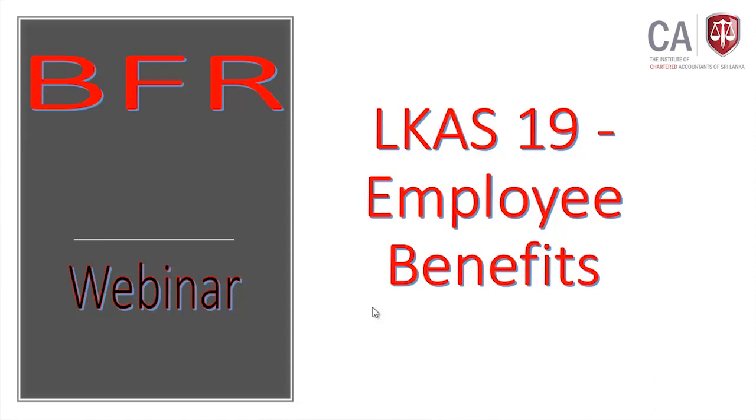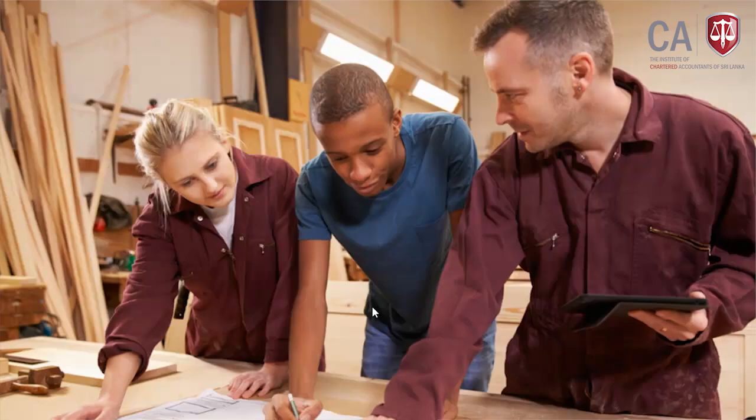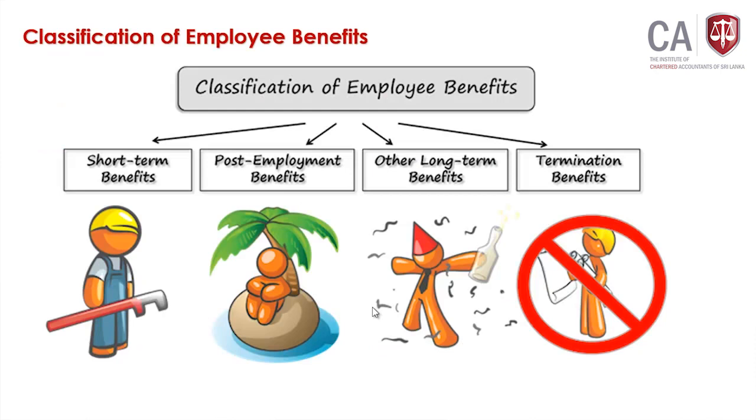All the benefits that they receive will be identified in the standard, right? All the benefits that an employee will get from the employer will be categorized into 4 areas for accounting purposes.